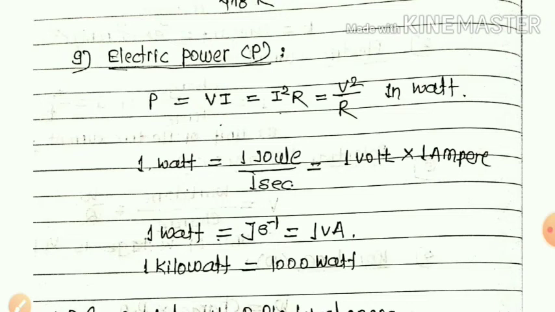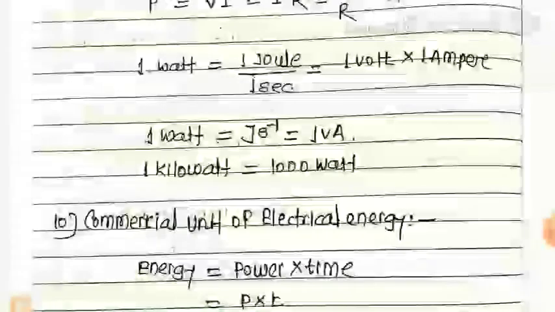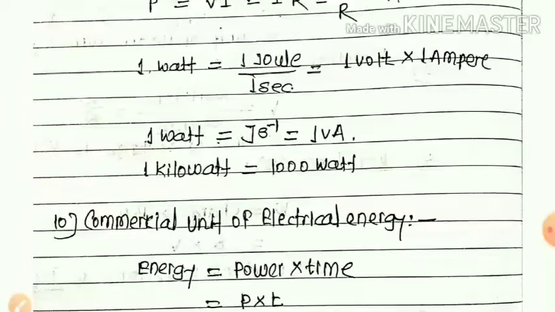By putting this value in place of V, we get the same formula for the power as I square R, or we can write it as V square upon R. The SI unit of power is watt. 1 watt is nothing but 1 volt into 1 ampere. 1 watt can also be written as joule per second, or joule S inverse.